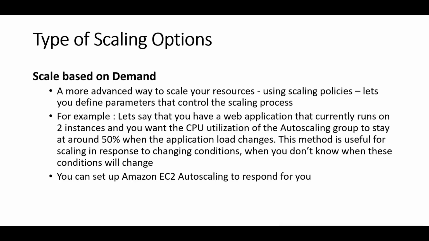This method is useful for scaling in response to changing conditions when you don't know when those conditions will change. You can set up Amazon EC2 auto scaling to respond for you.